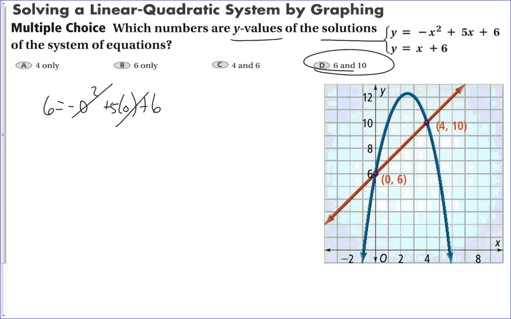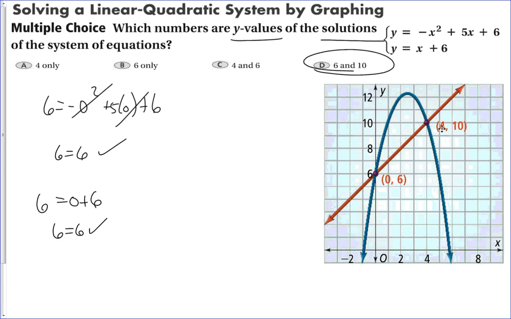Well, that's gone and that's gone, so 6 equals 6. Check. So we know this is a solution to the first equation. Let's make sure it's a solution to the second equation. 6 equals 6. Check. That's a solution to the second one.